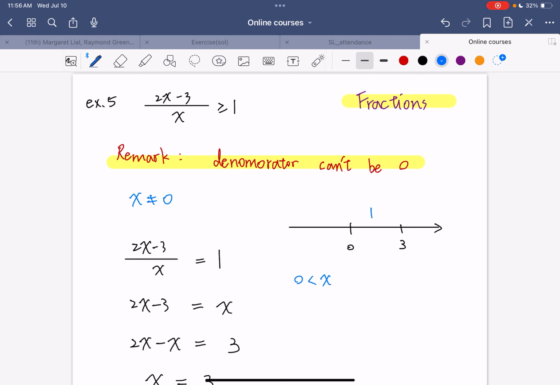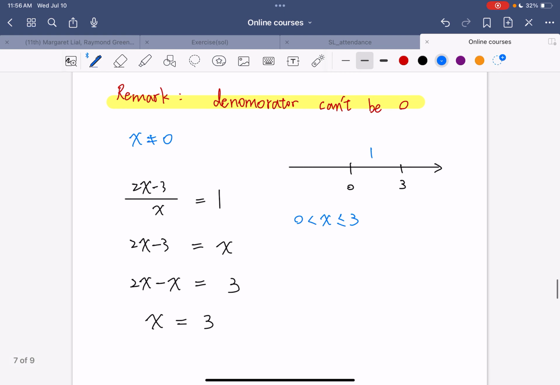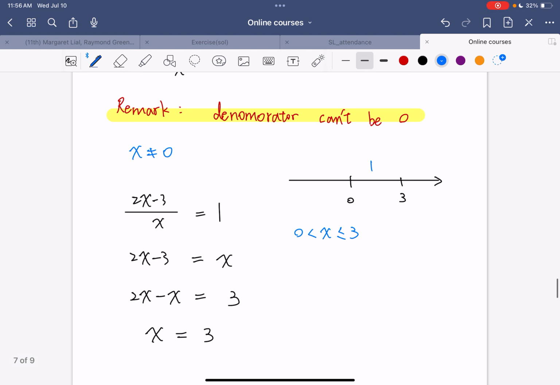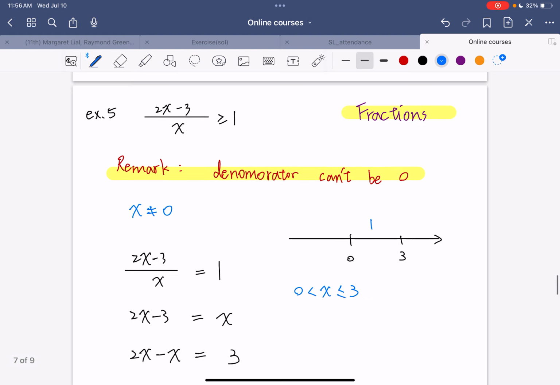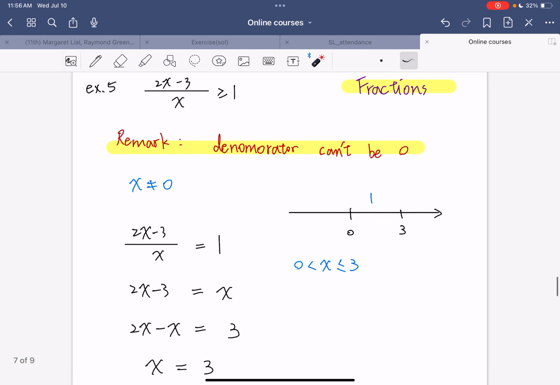And then less than or equal to 3. So we're gonna write 1 for the equation here and replace the x.